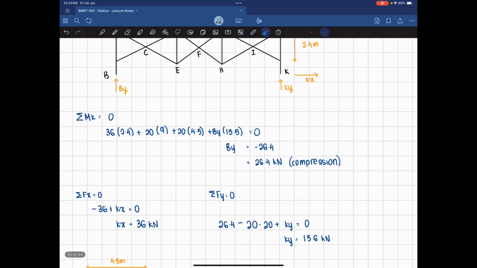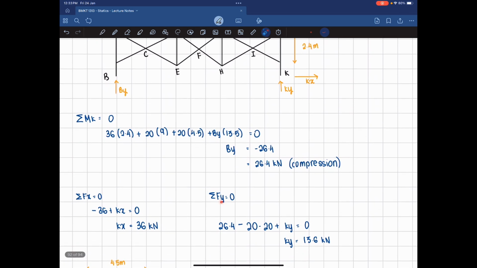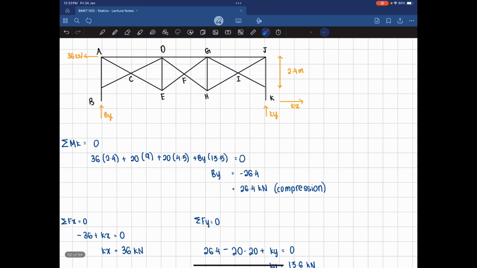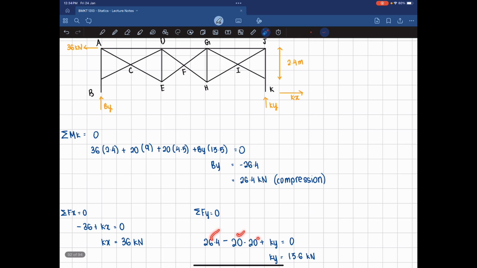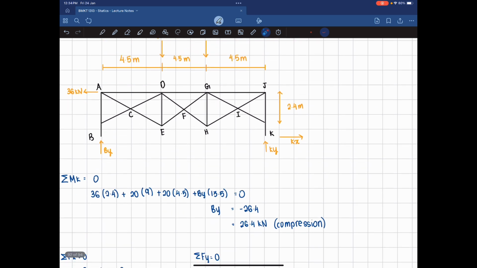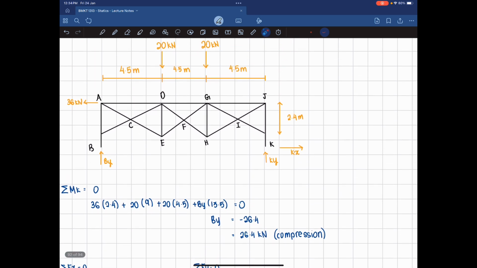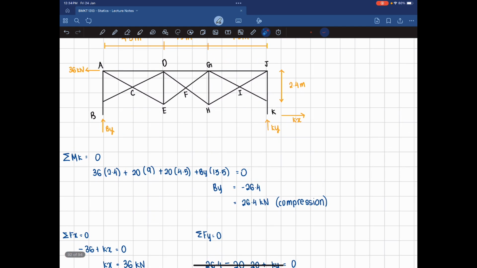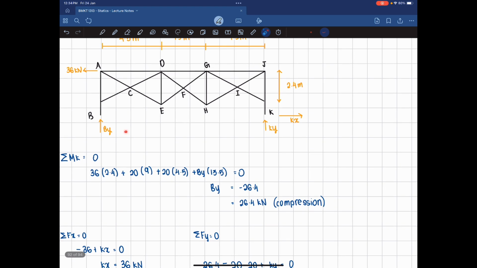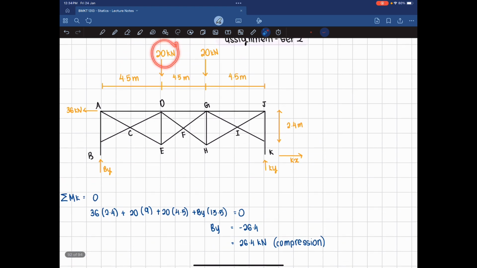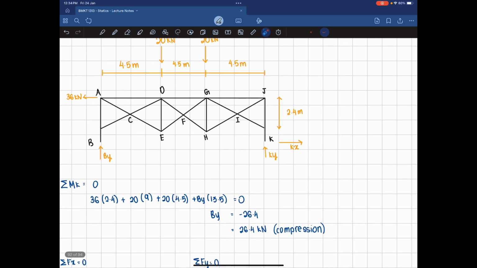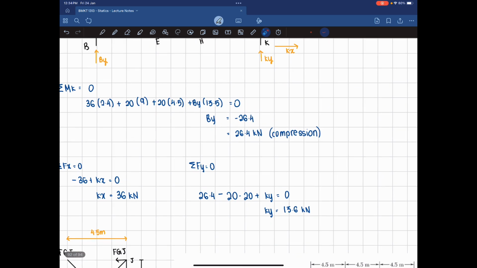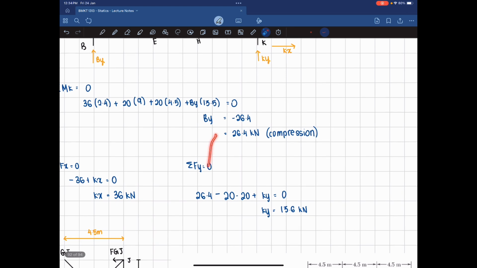The next equation of equilibrium is the sum of Fy equals 0. According to the free body diagram, there are four things on the y-axis that we need to focus on. Just now we already got BY, which is 26.4, and then we add 20 kilonewton, and also this one, and also one more, which is KY. We substitute BY into the equation, and these both are negative because they are going downwards.